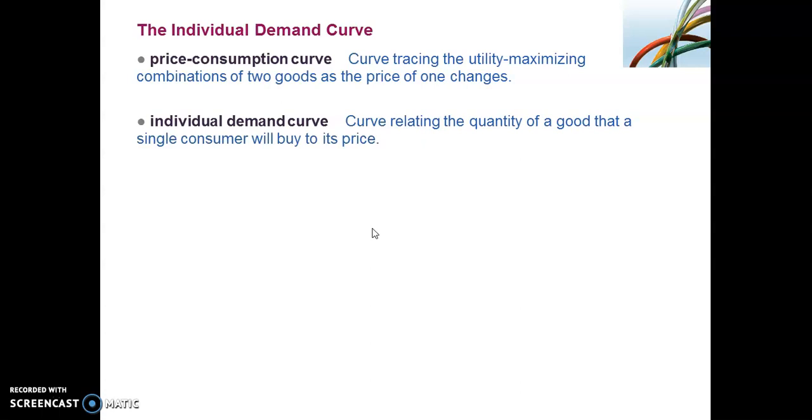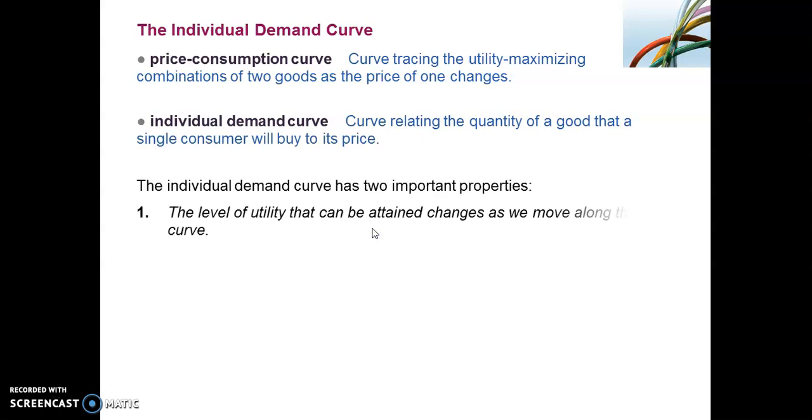Now, there are two important properties of the demand curve. The individual demand curve has these two properties. The first is the level of utility that can be attained changes as we move along the curve. Now, think about that.